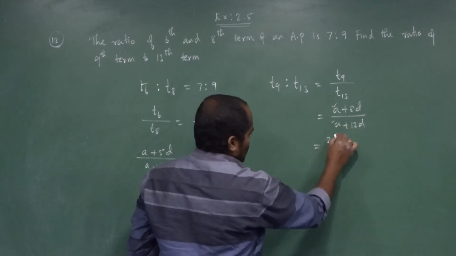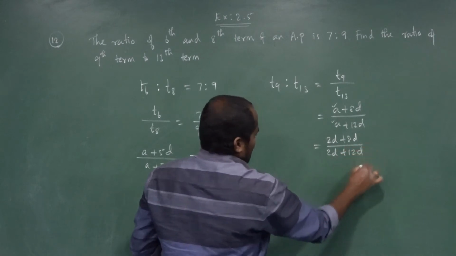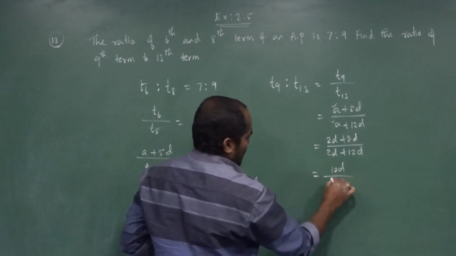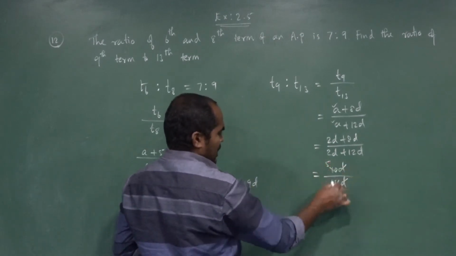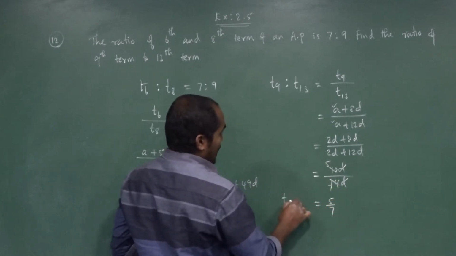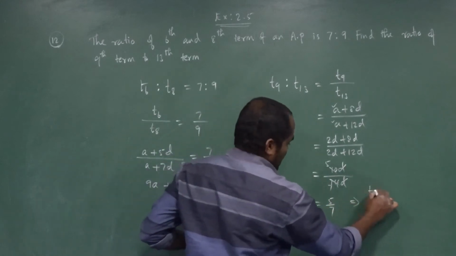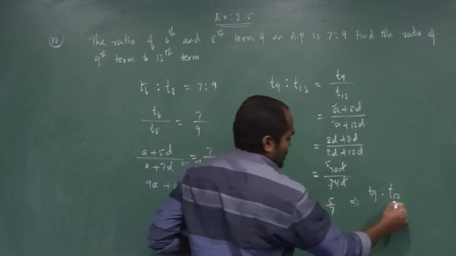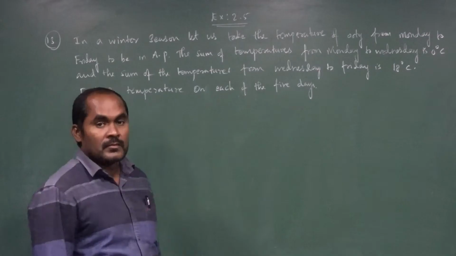So 2D plus 8D by 2D plus 12D is equal to 10D by 14D. Here D cancels. 5 2s are 10, 7 2s are 14, that is 5 by 7. So T9 is to T13 is 5 is to 7.